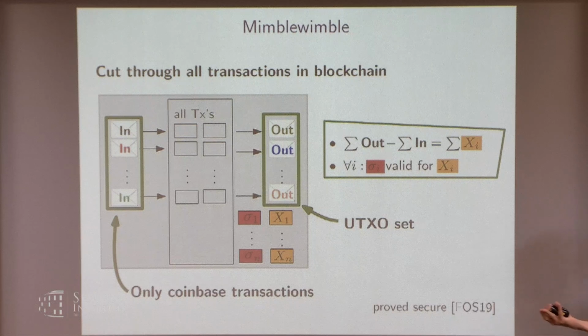It hides the amounts, that's true, but if you know who some coin belongs to, and then you later see it being spent, you see which coin is spent when, right? Whereas in Zcash, you just know that some coin that existed was spent. So privacy-wise, we prove secure that there is some limited form of privacy that you can prove, which is basically about the amounts that are transferred.